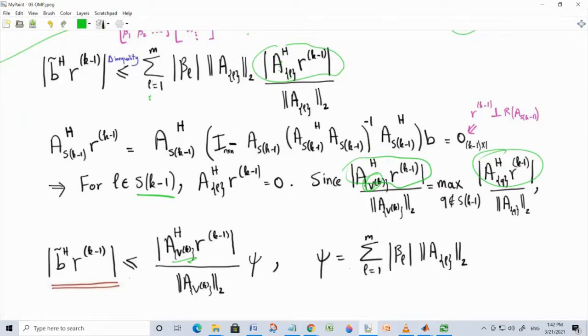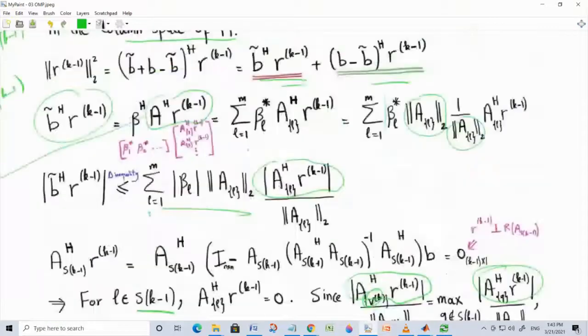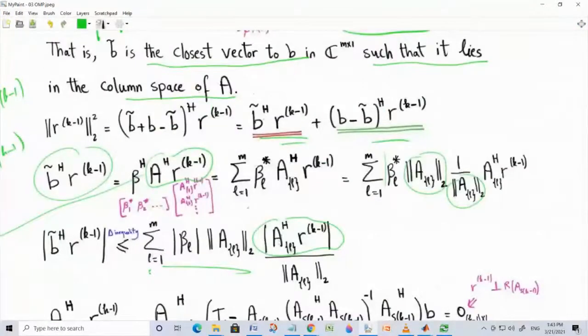This is an upper bound, so we can just keep the number of terms equal to M, and the remaining terms after taking this outside as an upper bound will be this summation. This will be called epsilon. This is an upper bound on this term here.